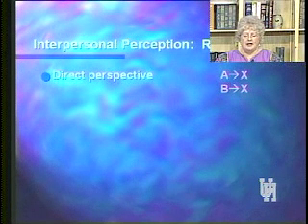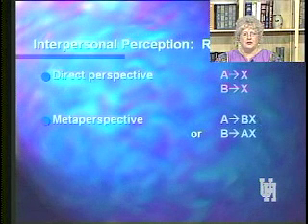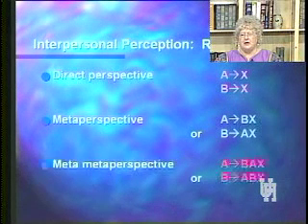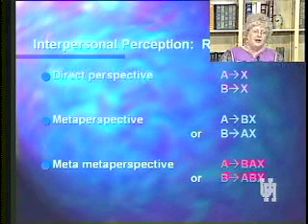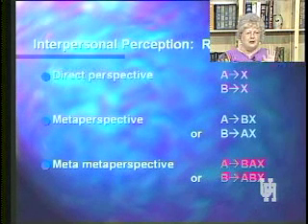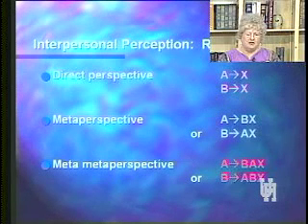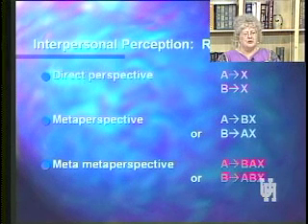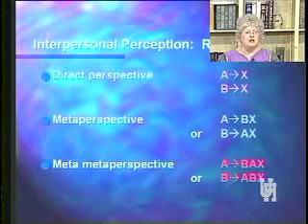Okay, Laing has given us the notion of perspective, meta-perspective, meta-meta-perspective, and that's as far as it goes. Individually we perceive things directly. I perceive you, you perceive me. That's a direct perspective. But then there are some times that we perceive things indirectly.